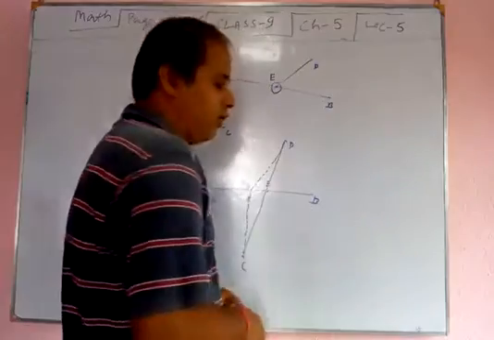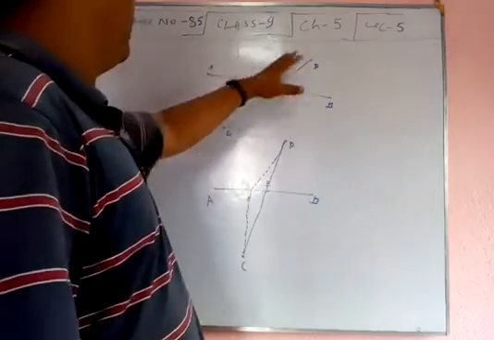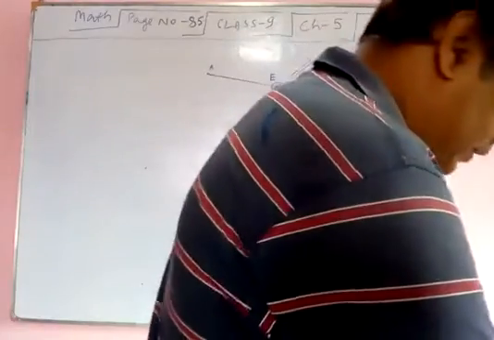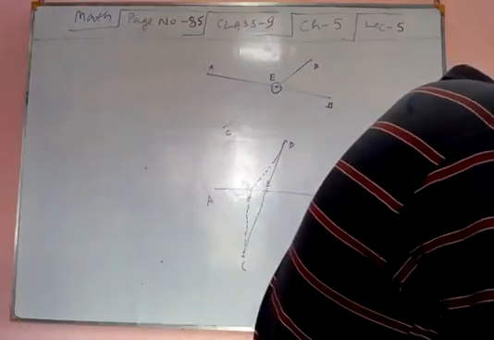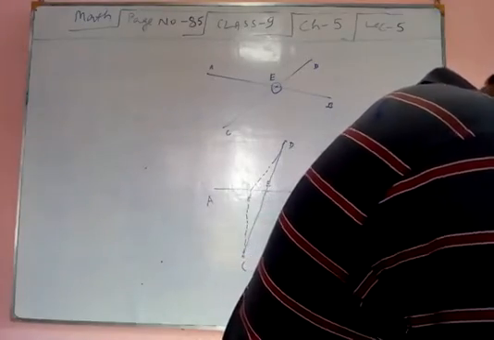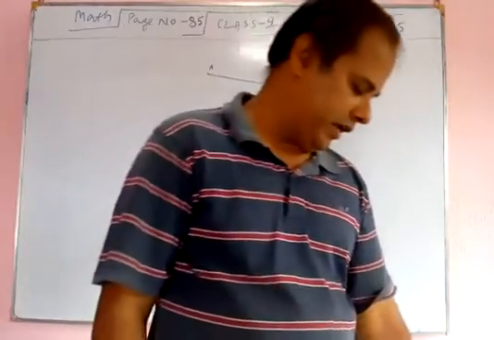So our assumption that two lines intersect at two distinct points is wrong. For this we are forced to conclude that two distinct lines cannot have more than one common point.